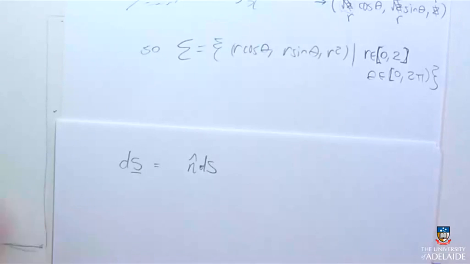The dS bold is a normal vector times a dS unbold, and this dS unbold is the size of the area, and this normal vector is normal to the area to point out what direction the area is facing.